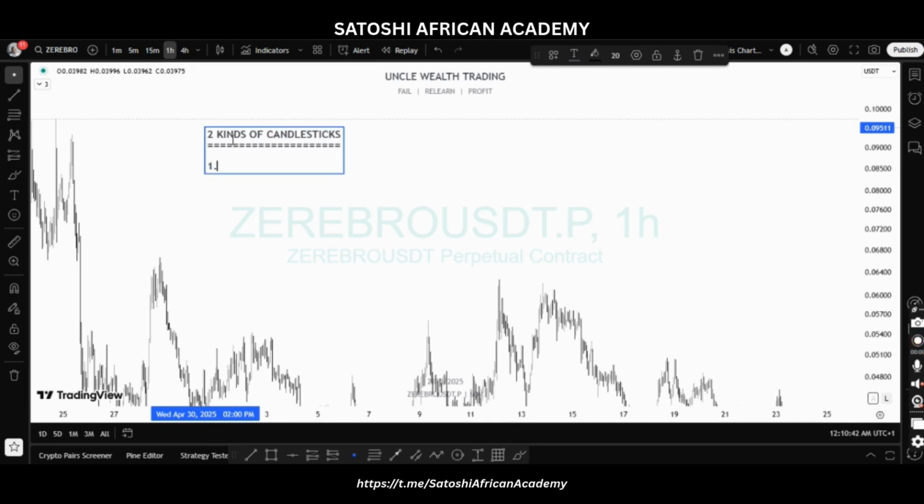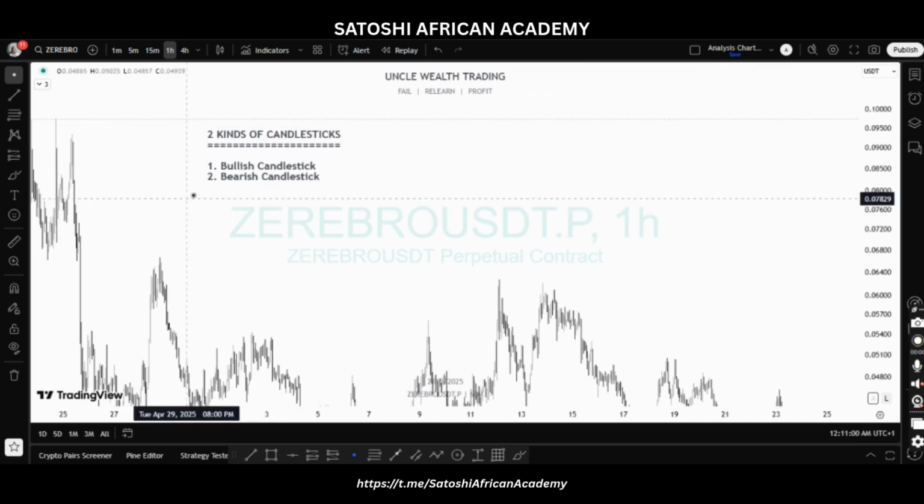The first type we have is the bullish candlestick, and the second one we have is the bearish candlestick.